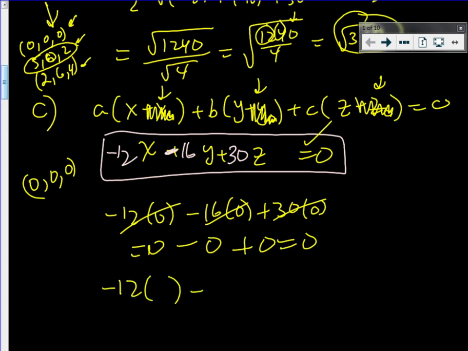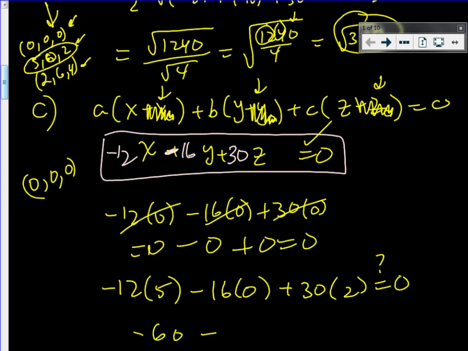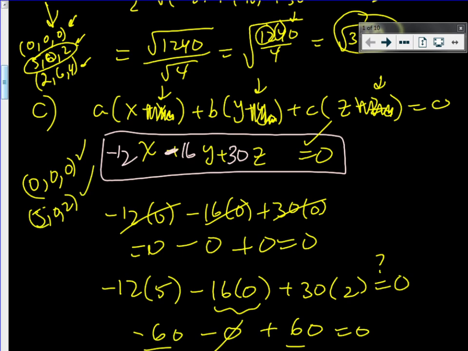Negative 12 times x minus 16 times y plus 30 times z. Does it equal 0? Negative 12 times 5 is negative 60, minus 0, plus 60. Negative 60 plus 60 is 0. So, yep, 5, 0, 2 is on this plane. So is 0, 0, 0.